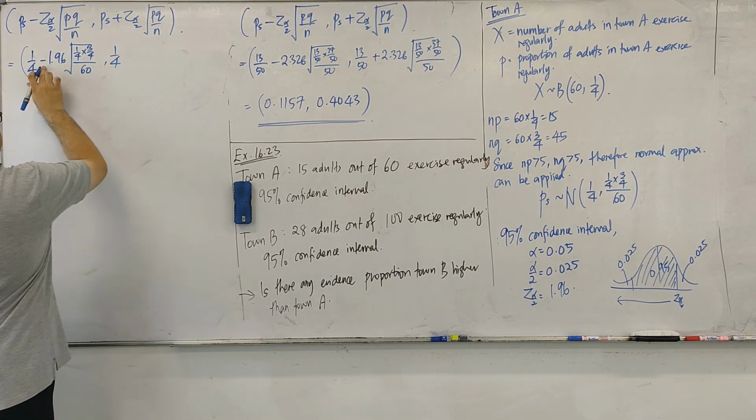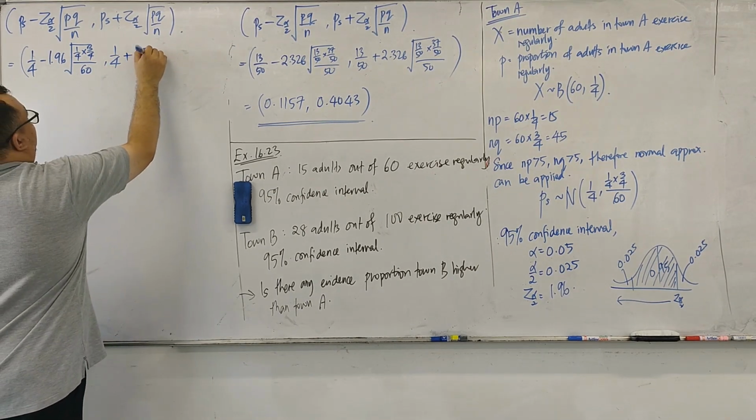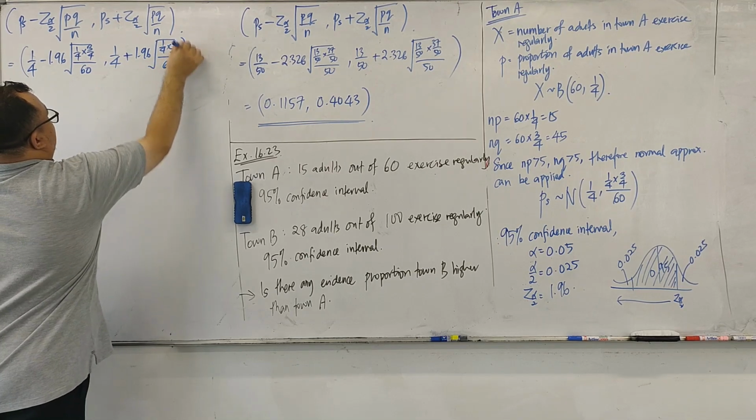So the same thing, I just need to change from minus jadi plus 1.96, 1 over 4, 3 over 4 out of 60.